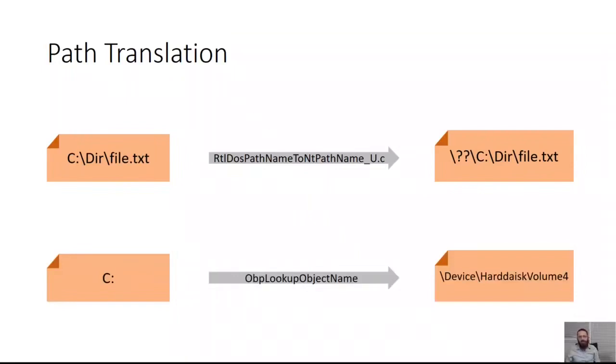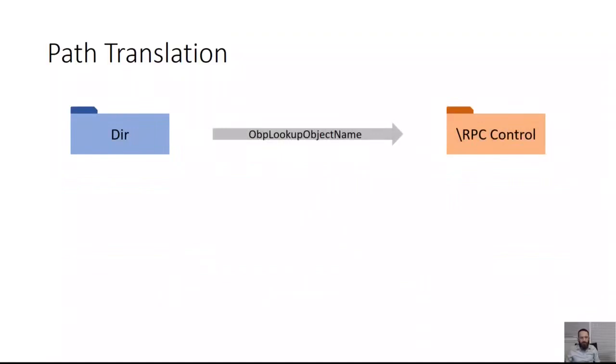The object manager takes the input name, the NT path, and parses its components, which are each separated by a backslash, until it finds the object that is the target of the request. Basically, every component of the path will be called with a lookup function, with the ObpLookupObjectName in the object manager. The C directory will get the device path we saw earlier.